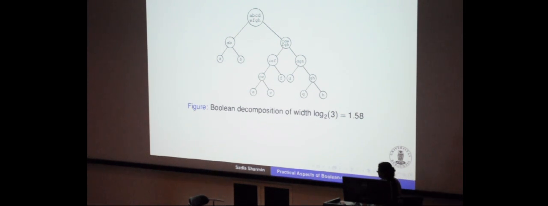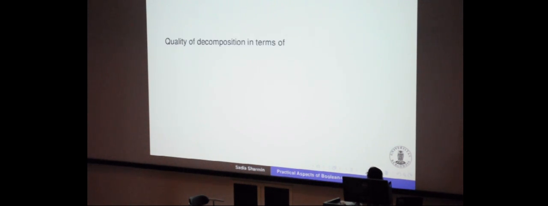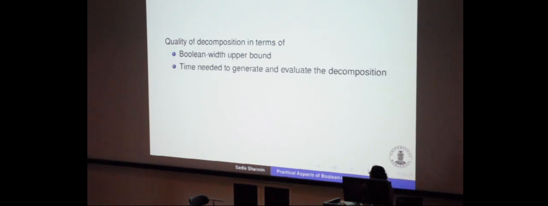And this approach was also tested experimentally, and we actually consider 2 measures. The quality of the decomposition tree we measure in 2 ways: the Boolean upper bound of the decomposition tree and the time needed to generate and evaluate the decomposition tree.